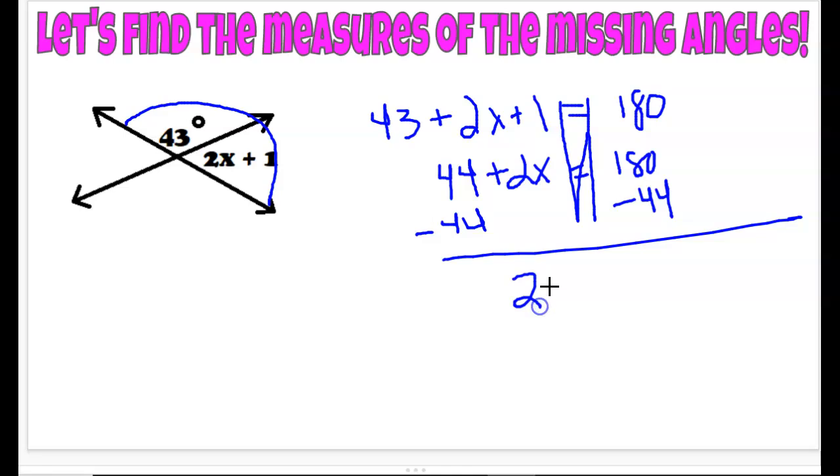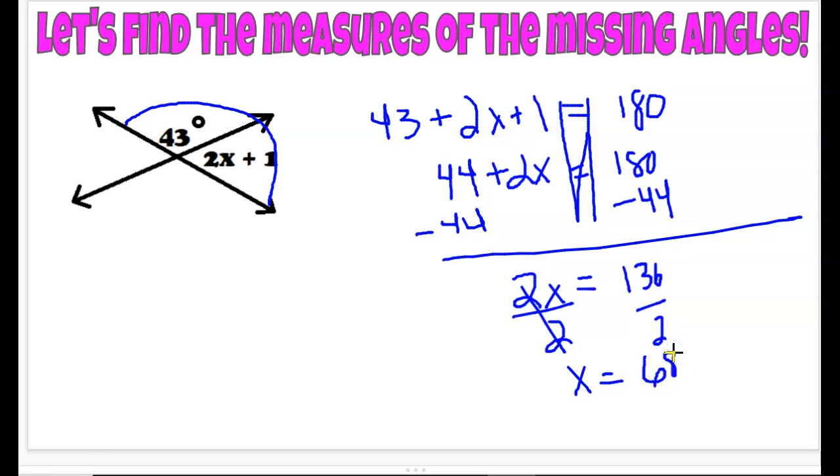And we have 2x equals 136. And I divide both sides by 2. Bam. And that means x equals, let's see, 2 divides 13 6 times with a remainder of 1. It becomes 16. That'll be 68.